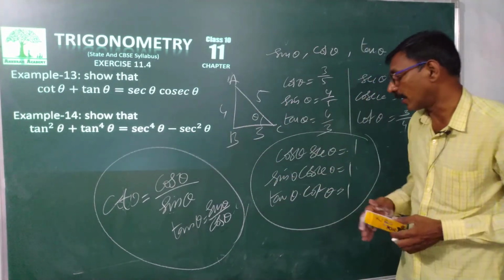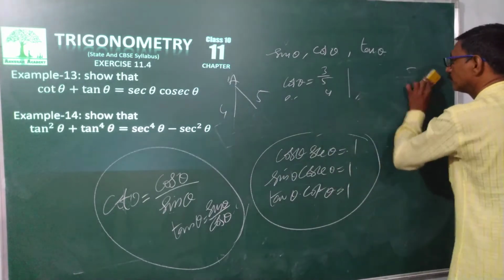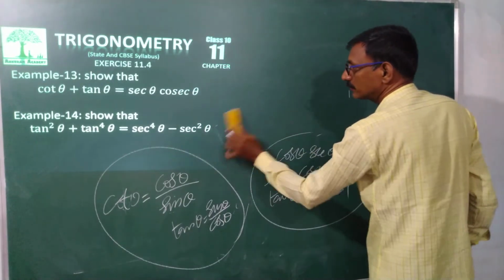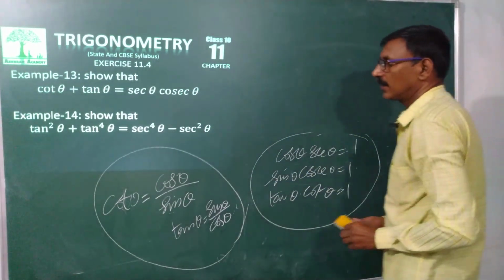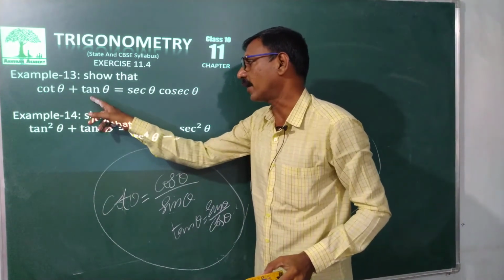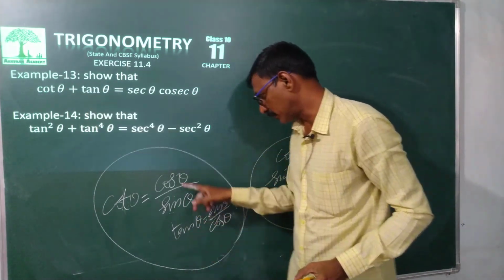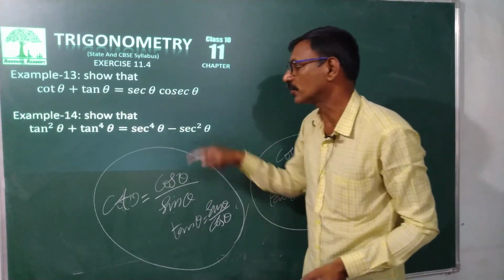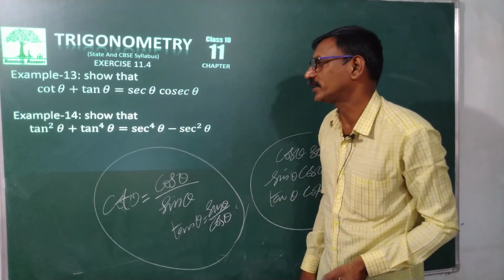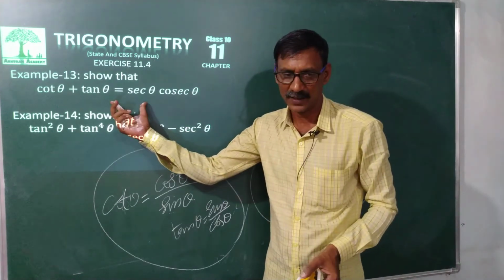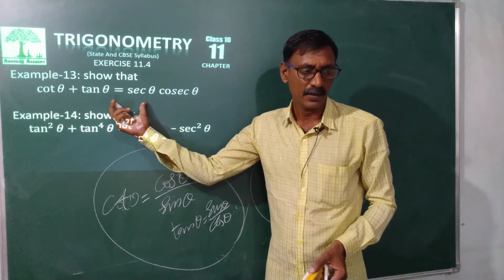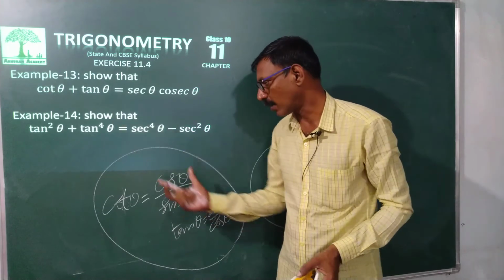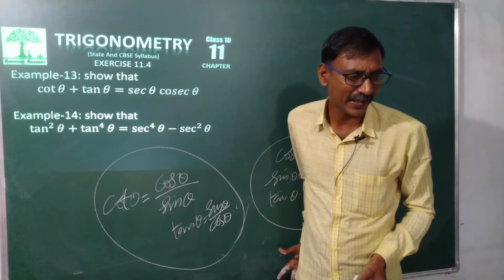Now coming to the first problem. We already discussed cot theta plus tan theta. Cot theta plus tan theta is equal to secant theta into cosecant theta. This is an identity, proved with the help of these basic identities.